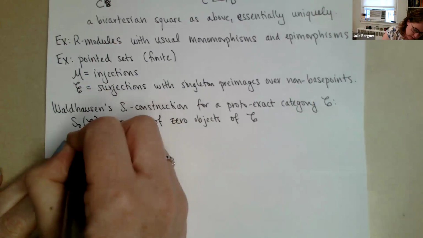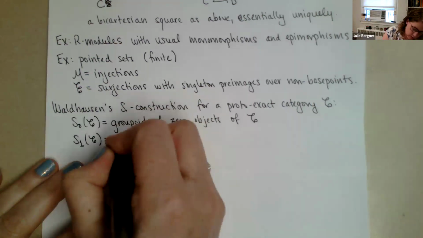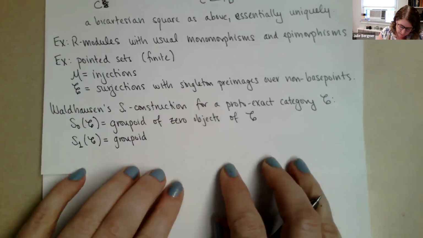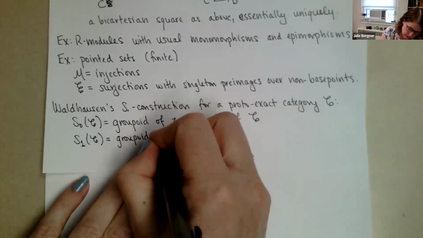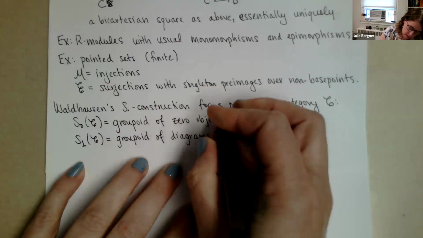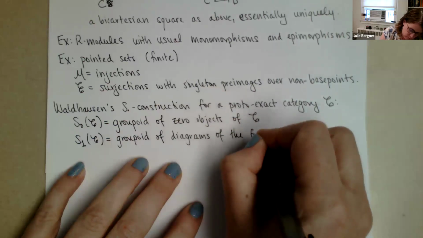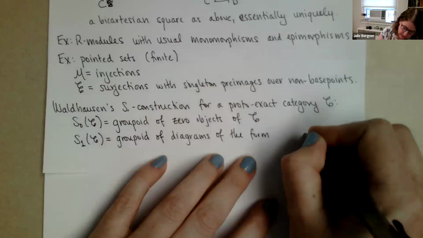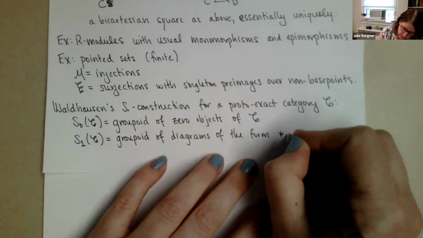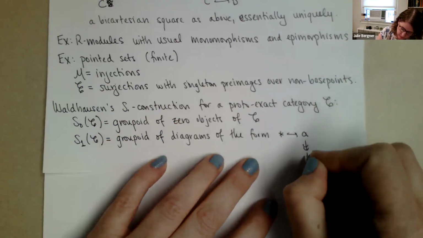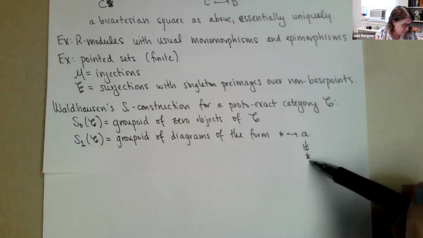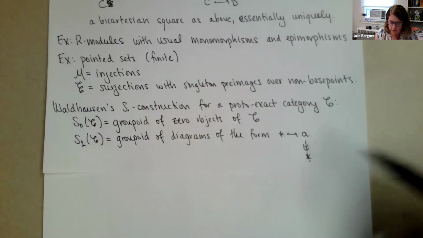So S1 of C is going to be the groupoid. I'm going to say this in what will seem like a silly way, but you'll see it's part of a pattern. This is going to be a groupoid of diagrams of the form: basically it's just objects A of our category, but I'm going to think of it as a diagram where I equip A with its unique map from the 0 object and its unique map to the 0 object.